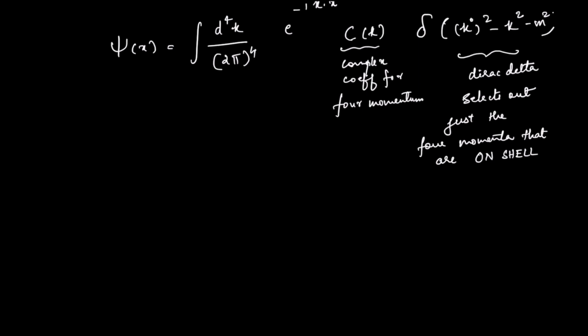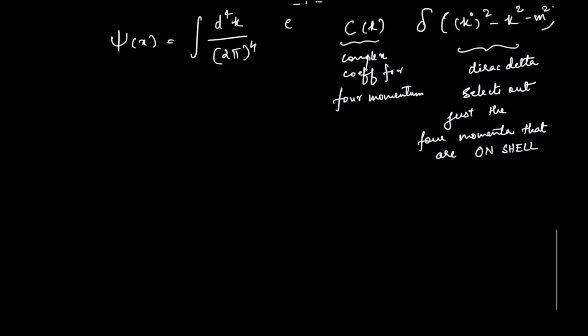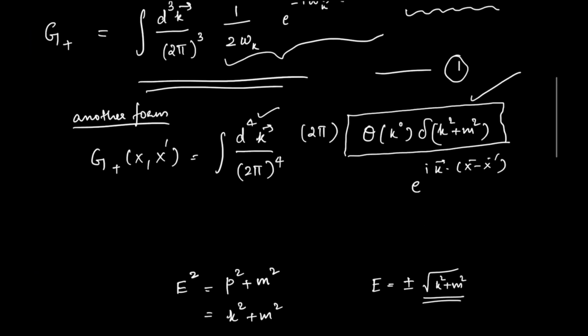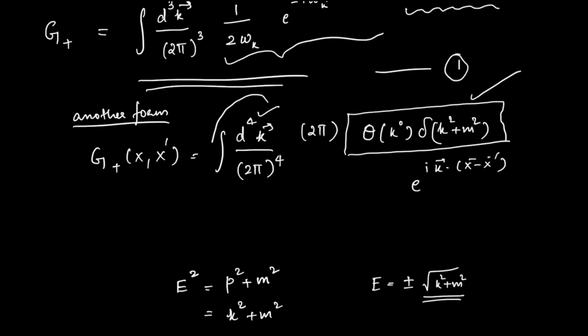Therefore I can write G plus in another form also. In this new form, k is unconstrained. If you see the new form of G plus, this k is not constrained, but the Dirac delta function enforces it on shell. So there are no constraints here. The integral of d4k means I am integrating over all the k values.